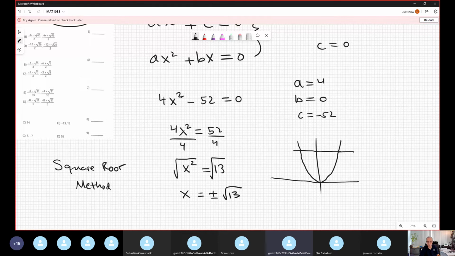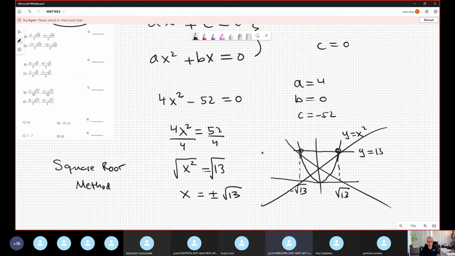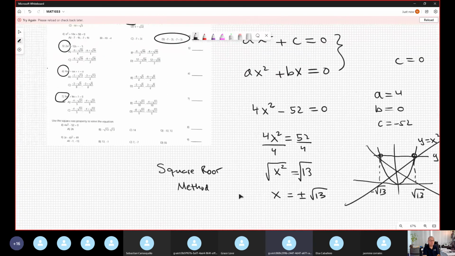So this line is the line y equals 13. This is the parabola y equals x squared, and you touch it at 2 points. One point is positive square root of 13, and the other is negative square root. This is the geometric interpretation, but you don't need to do this. The shortcut is you compute the square root of 13, but the student forgets the 2 solutions. And it's 2 solutions because it's a quadratic equation, and normally a quadratic equation has 2 solutions. Okay? It's this. The option B.